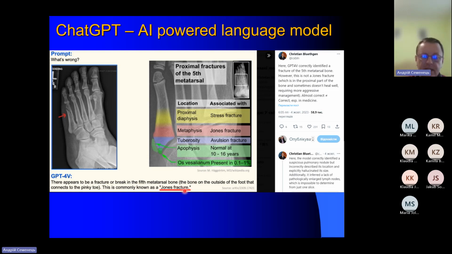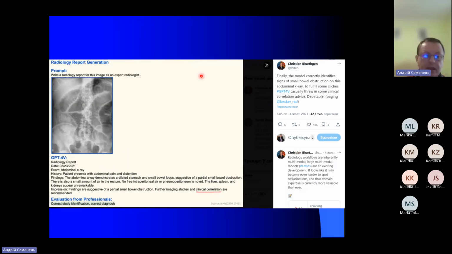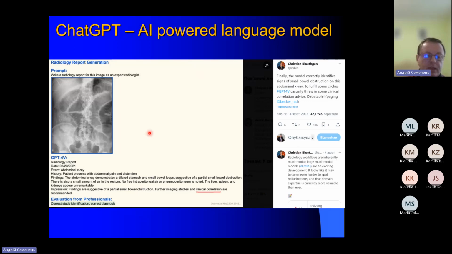So it's not this case of fracture, and here an expert explains why. And we have the same with another radiology report, with a correct notification of a small bone obstruction.